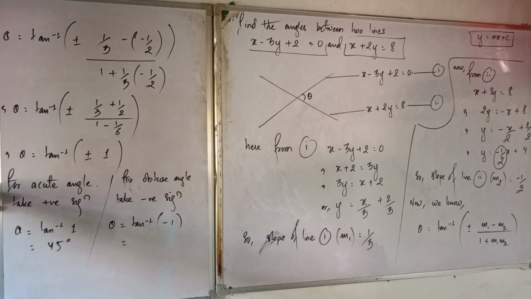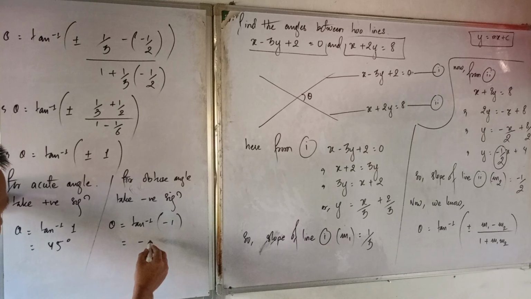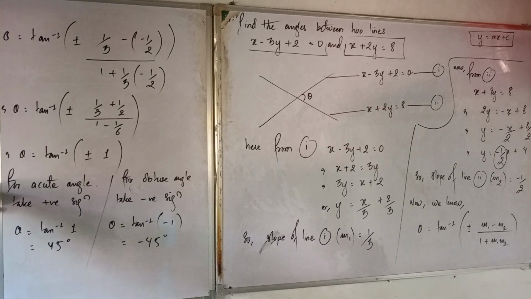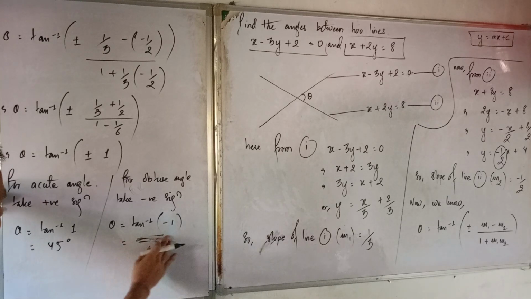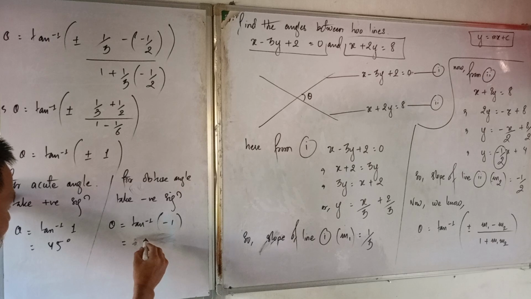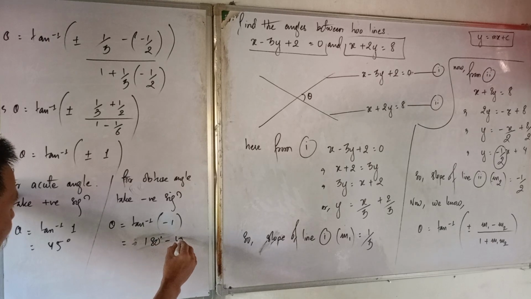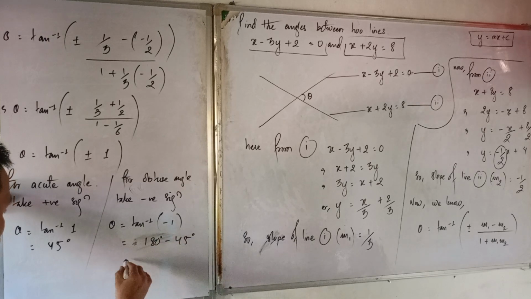When you use the calculator and write tan inverse minus 1, you will get the answer minus 45 degrees. That minus 45 degrees means you have to subtract this 45 from 180 degrees. 180 degrees minus 45, that means 135 degrees.